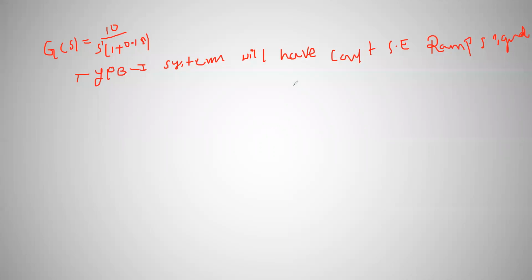Type 1 system will have constant steady state error when the input is unit ramp signal.